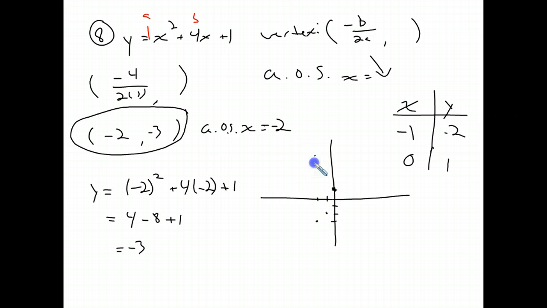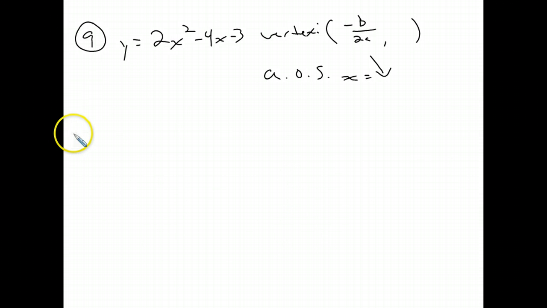The axis of symmetry is the imaginary line that it reflects over. So I know I'm going to reflect over this line, so that'll be about there, and this will be about here. Parabola, so make it curved at the bottom, going upwards. There's my parabola.